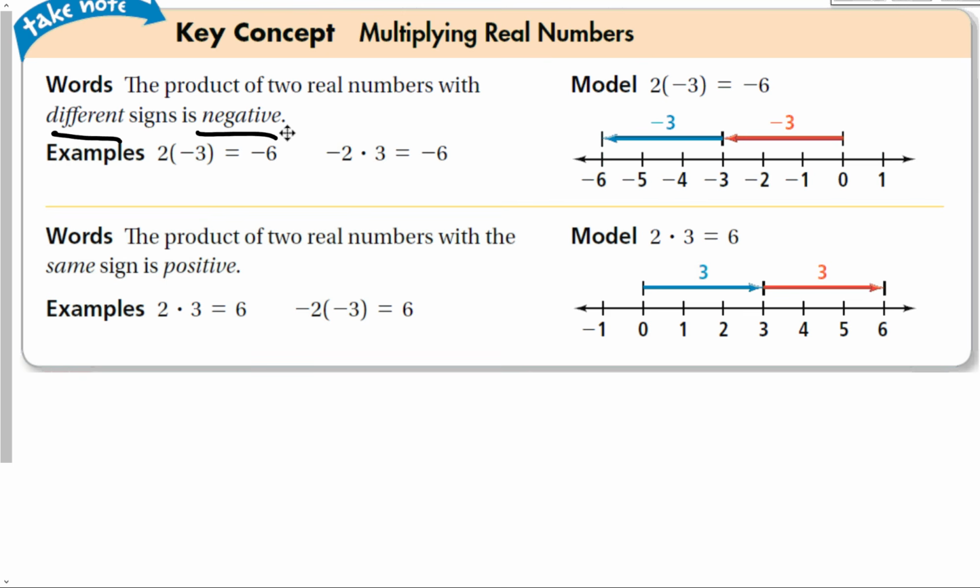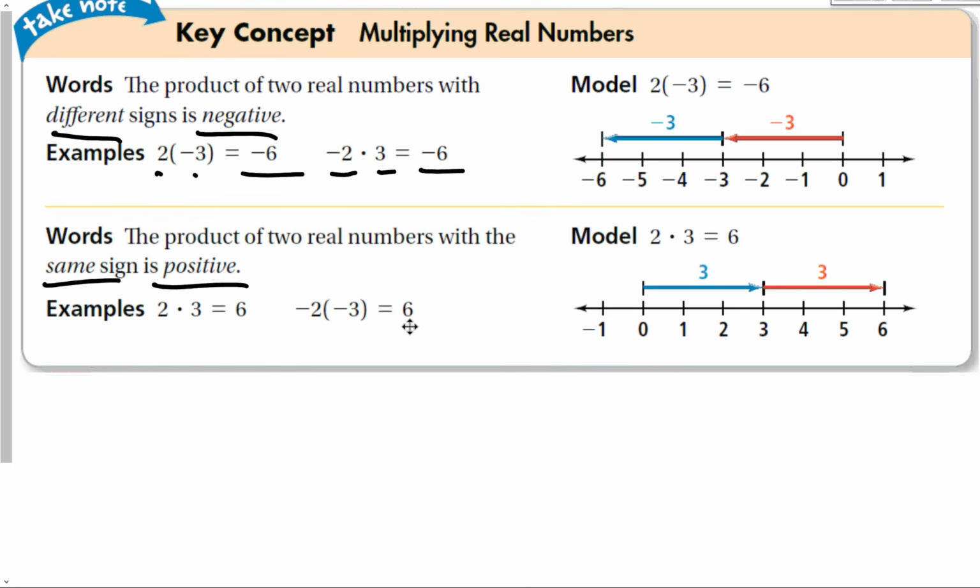So that means 2 times -3 is going to give me -6, or -2 times 3, the opposite of 2 times 3, we are going to get -6. And the product of two real numbers with the same sign is always going to be positive, like 2 times 3 is 6, like -2 times -3 is +6.